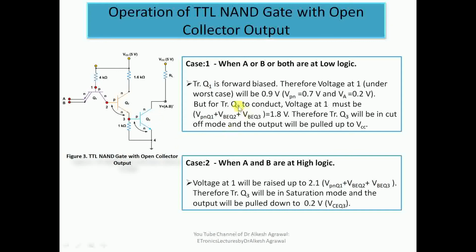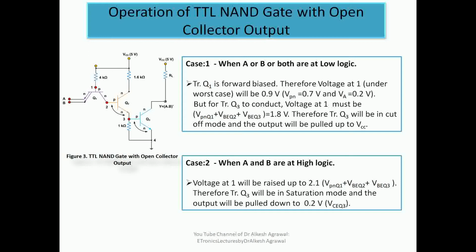So here we have discussed two cases. In case one, when both inputs are at low logic. Low logic means they are between 0 to 0.2 volts. So under the worst case, if we assume any one or both inputs are at 0.2 volt, it means the potential at this point will be at most 0.9 volt.